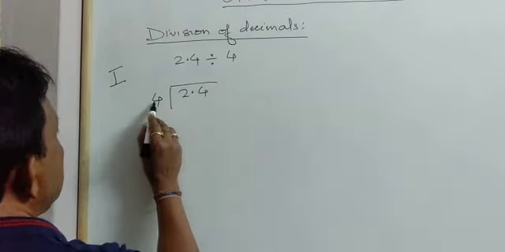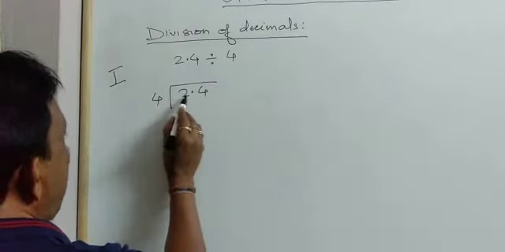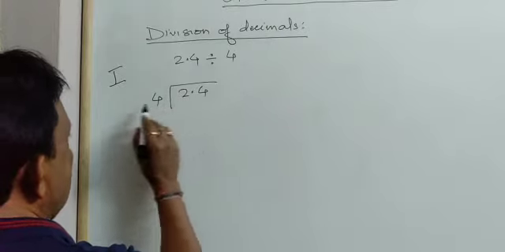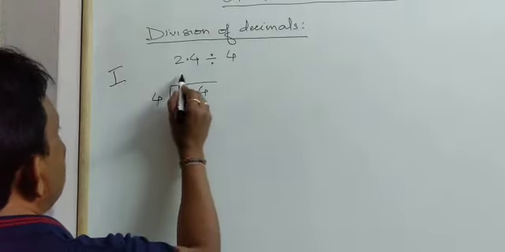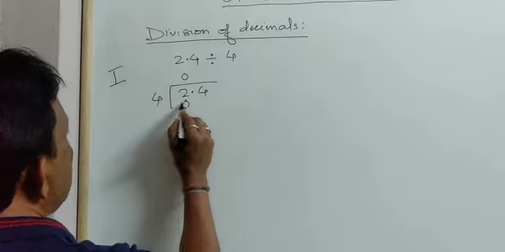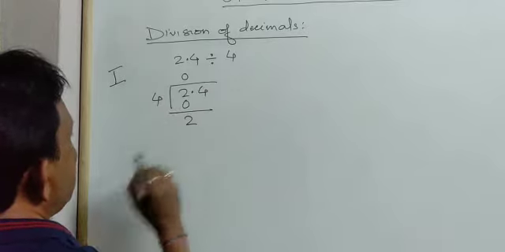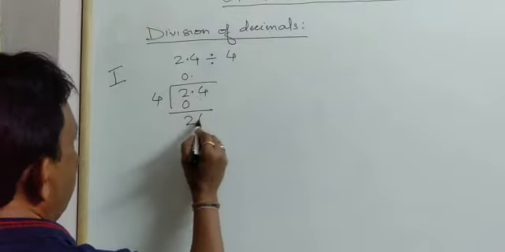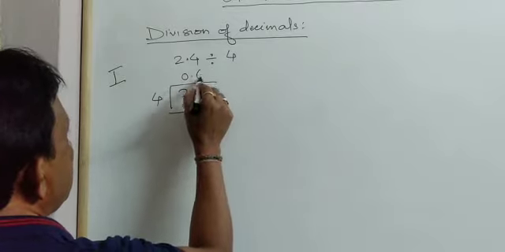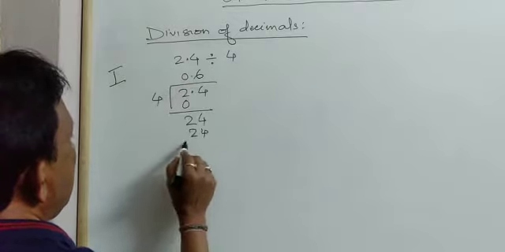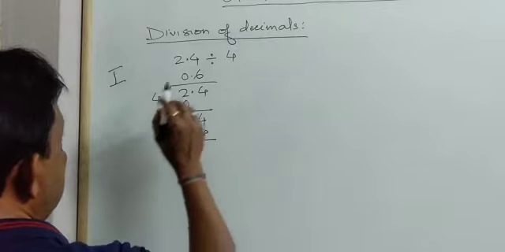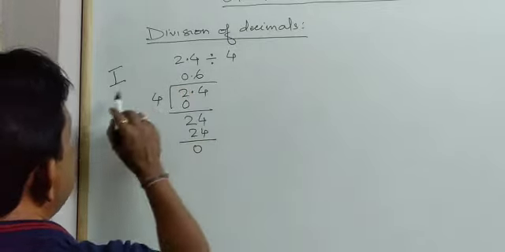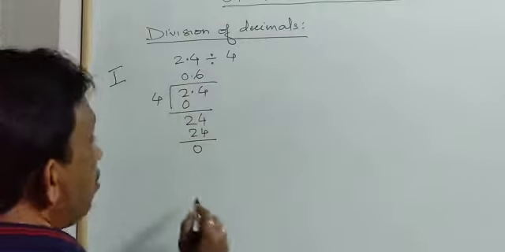The divisor is greater, the dividend part is less, so this doesn't go. So 0, 0, 2 comes here. Now the decimal will go here and this digit comes down, 4. So it is 4, 6 are 24. Now this is division of a decimal by a whole number.